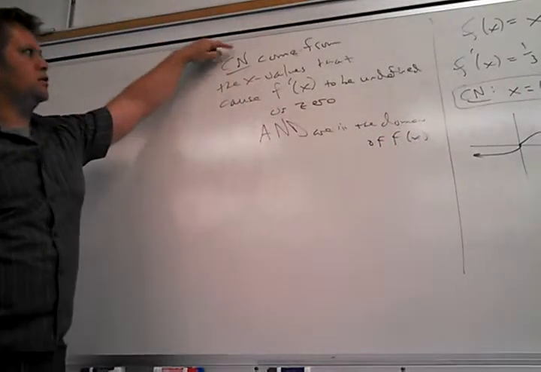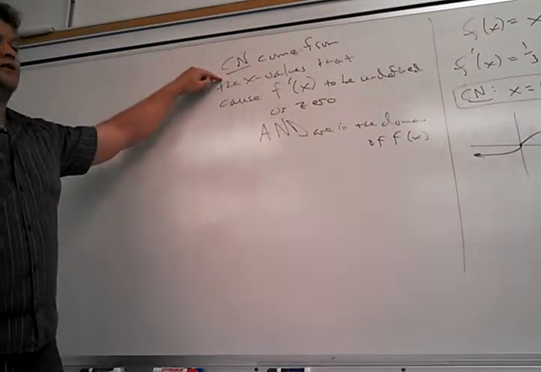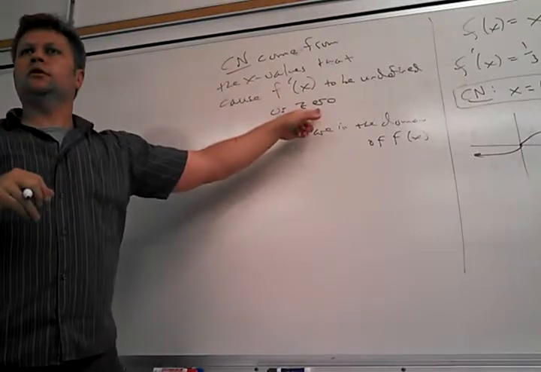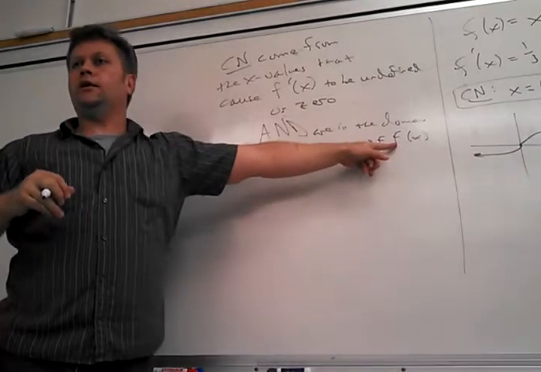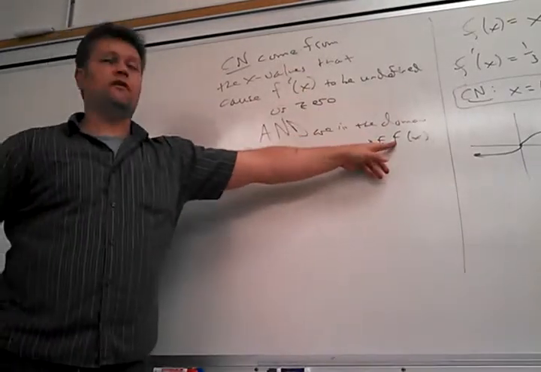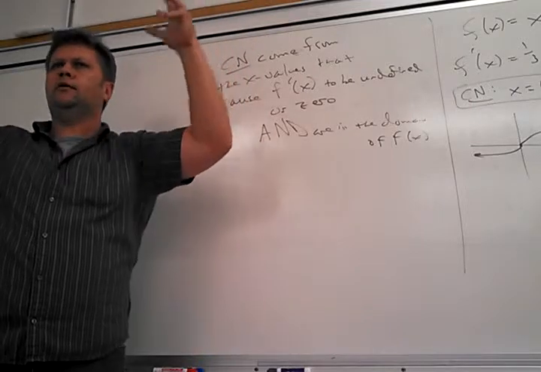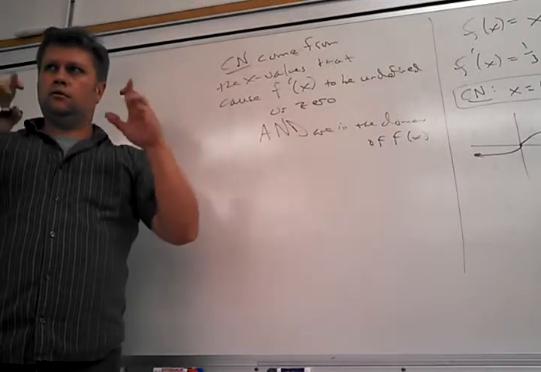So the critical numbers come from the x values that do two things. They cause f prime of x to be undefined or 0, and they're in the domain of f of x. If they're not in the domain of f of x, I would not consider them for anything. They're not things I could use in any way. Okay.